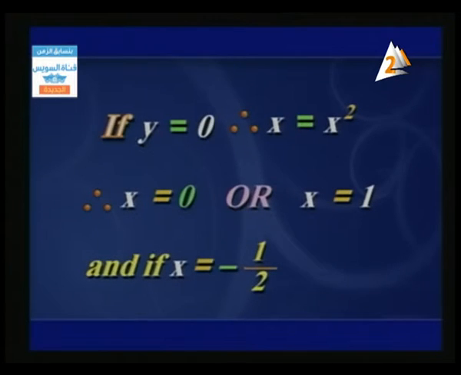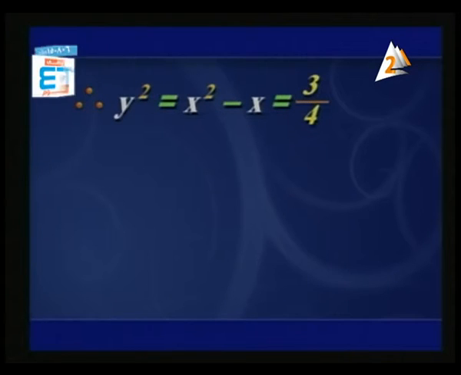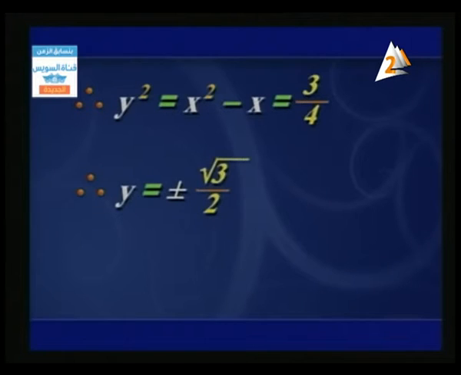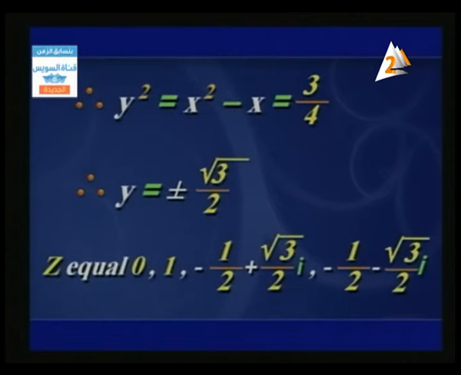And if x equals −1/2, then y² equals x² − x equals 3/4. Then y equals ±√3/2. Therefore, z equals 0, 1, −1/2 + (√3/2)i, and −1/2 − (√3/2)i.